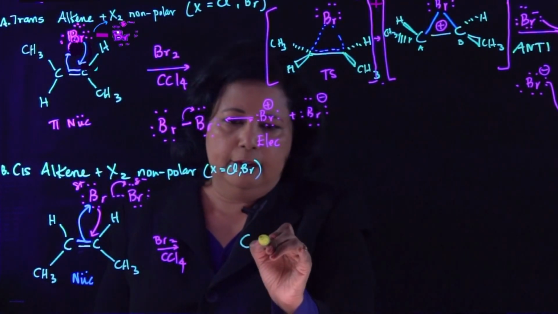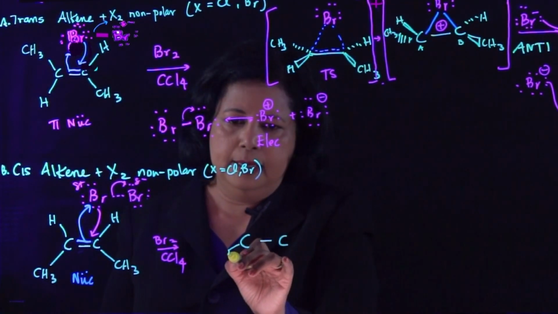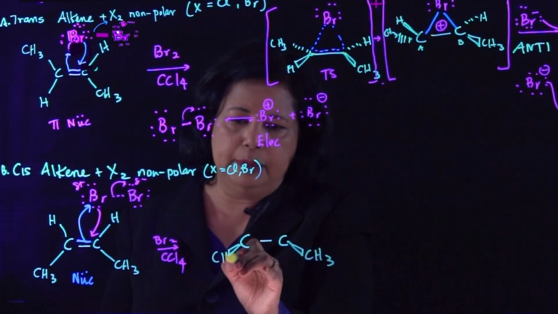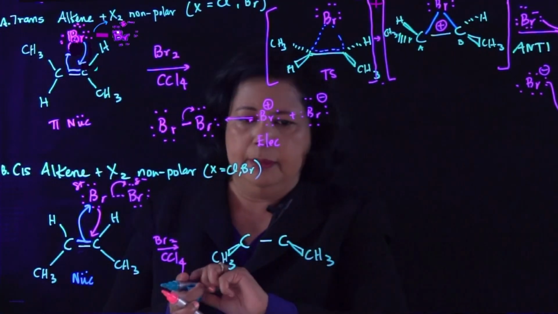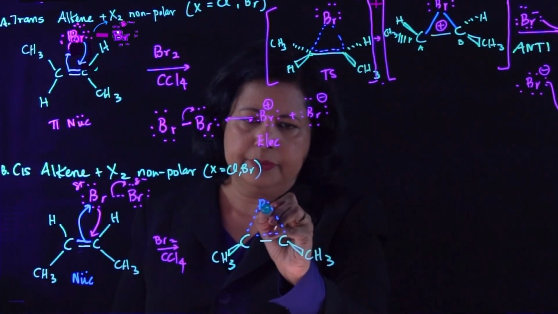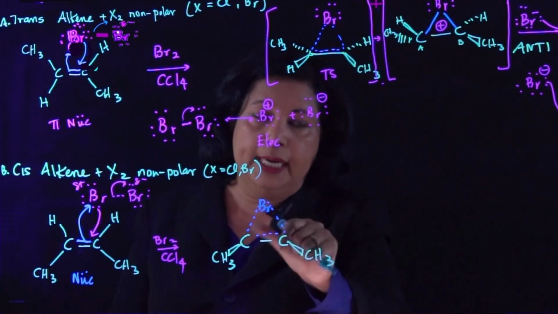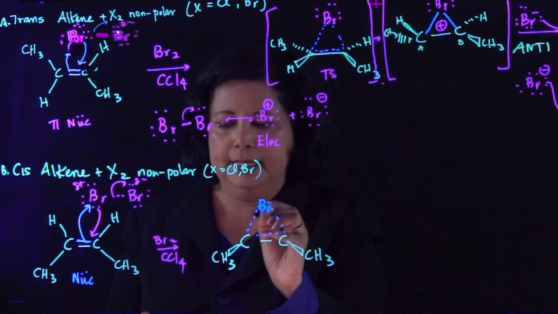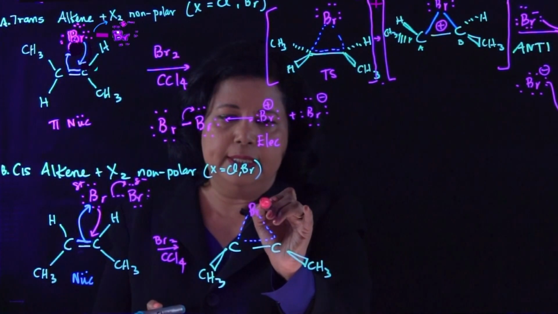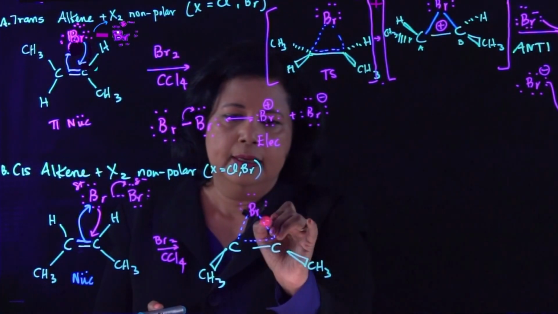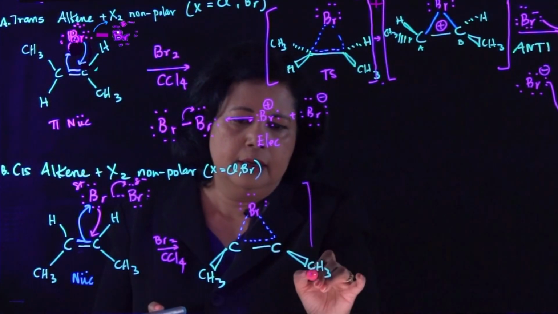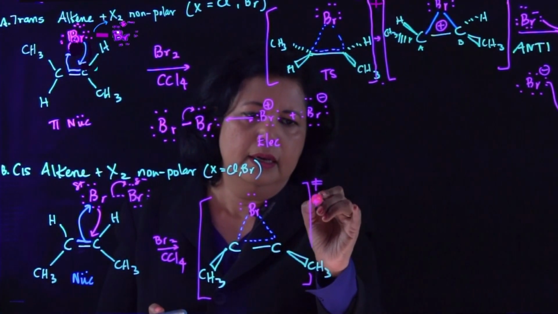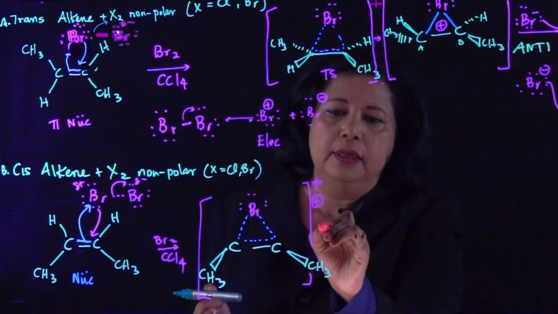So now you have a carbon-carbon bond, and the methyls are on the same side because at no time during this mechanism did we break that pi bond totally. It's always been there a teeny bit. This is your transition state. And you can put the positive outside, or you can put it here.